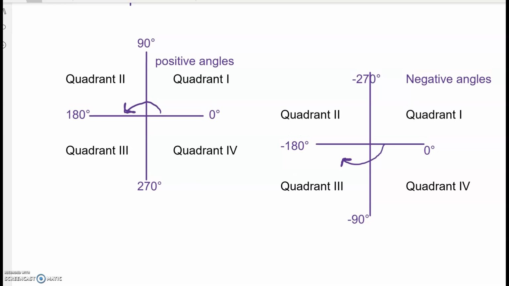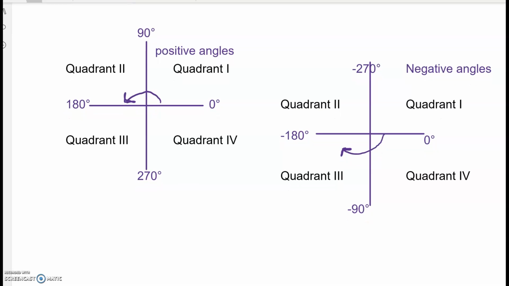Just keep in mind that positive angles start at the initial side and move to the left, whereas negative angles start and move to the right. And then let's just do some practice, and I'm going to have some slides where you practice.